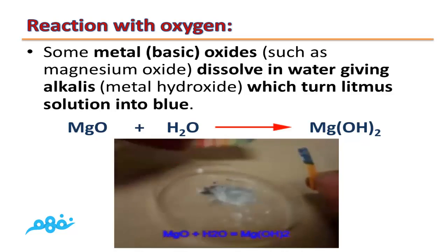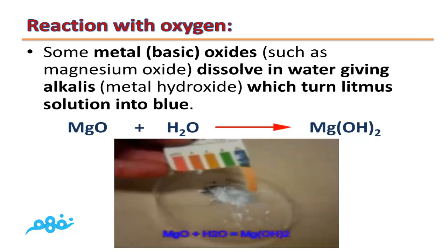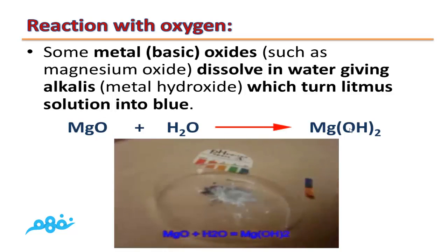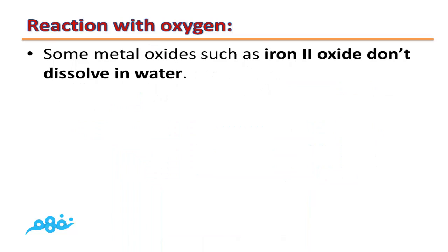This is the reason that metal oxides are called basic oxides, because they dissolve in water, forming alkaline solution. Some metal oxides such as iron(II) oxide don't dissolve in water. So we have to say some metal oxides dissolve in water, because we have some examples of metal oxides which don't dissolve in water, such as iron(II) oxide.